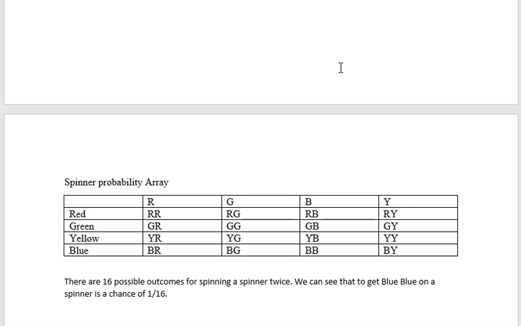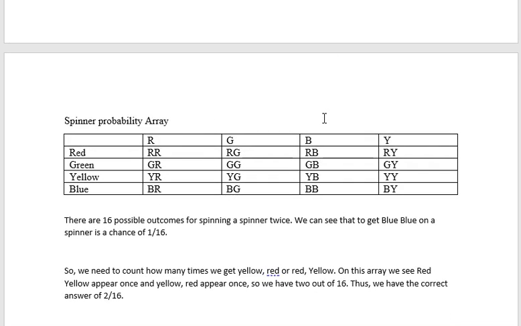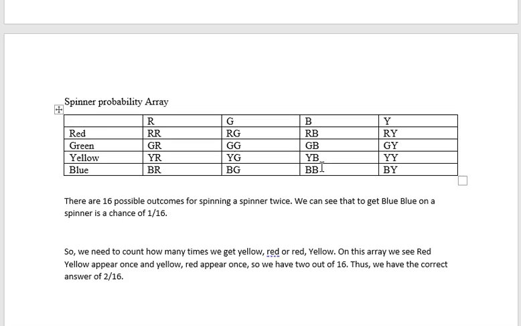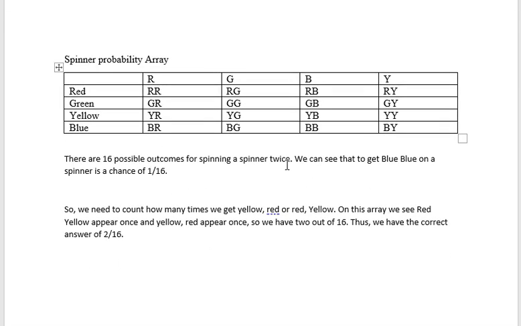So we know we have 16 total outcomes. Because there are 16 total outcomes, and we've spun the spinner twice, we know we will have 2 out of 16 options. If we wanted to get a blue then blue, we would get 1 out of 16 because there's only one double B here.